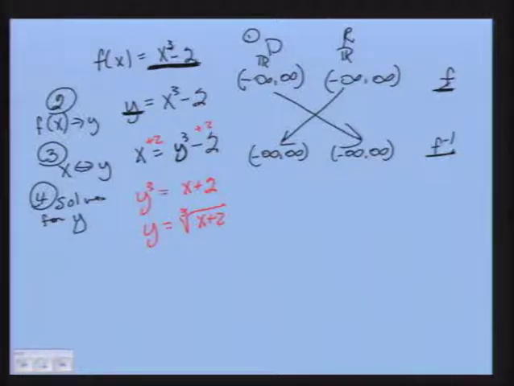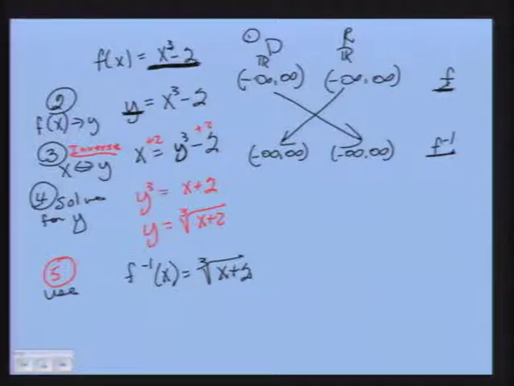And that is our inverse, because at this step, when we actually switched x's and y's, we had the inverse. We just didn't have it in good form. And now to indicate that it is the inverse, we're going to write it as f inverse of x equals the cube root of x plus 2. So this step we'll call use inverse notation.